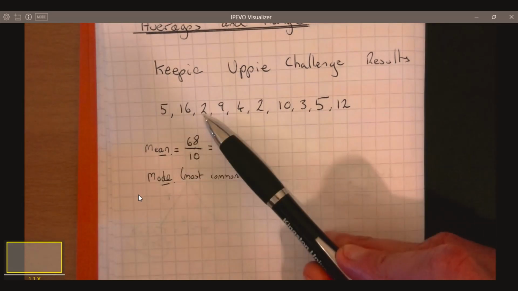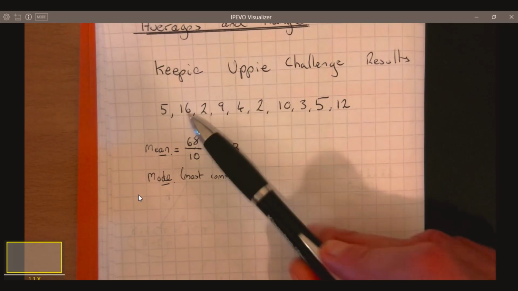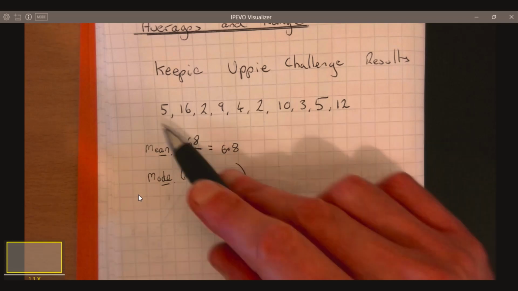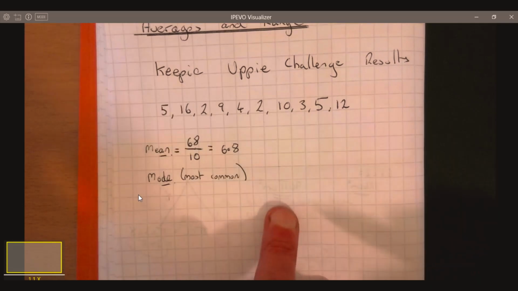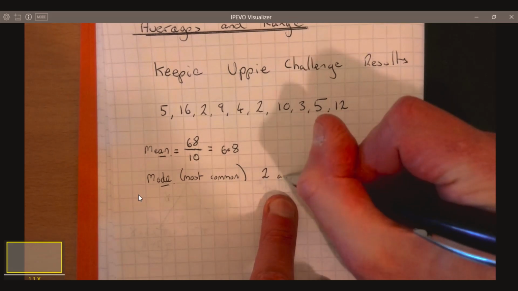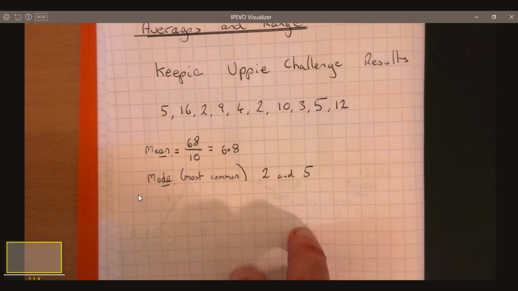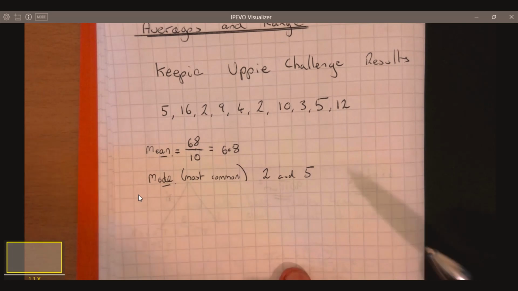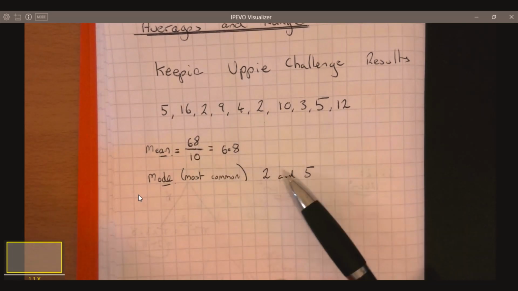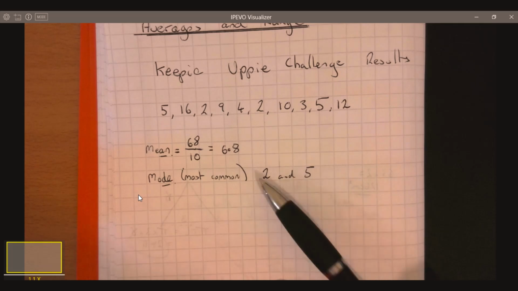Well, I've got a 2 a couple of times, and having a look through the others, I've got a 5 a couple of times. So weirdly, this one has actually got 2 modes. So it's 2 and 5. It's possible to have 3 modes, right? So normally you'll get 1, but in this case we've got 2 modes.